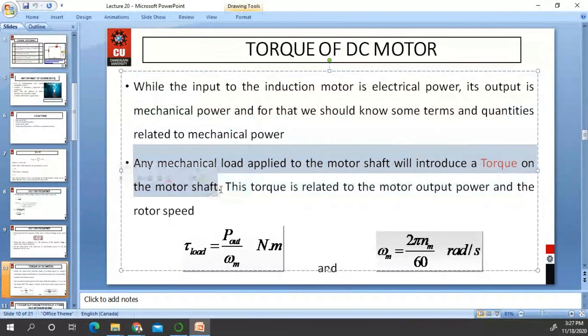This torque is related to the motor output power and the rotor speed: tau load is equal to P out divided by omega m, in Newton meter. You can find omega m using 2 pi N m divided by 60, in radian per second. So this is the mechanical term for torque. Any doubt till now?